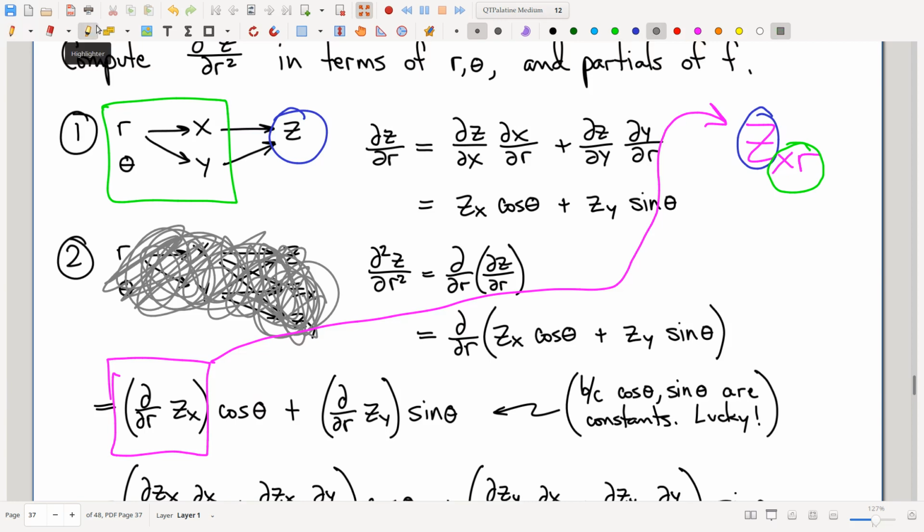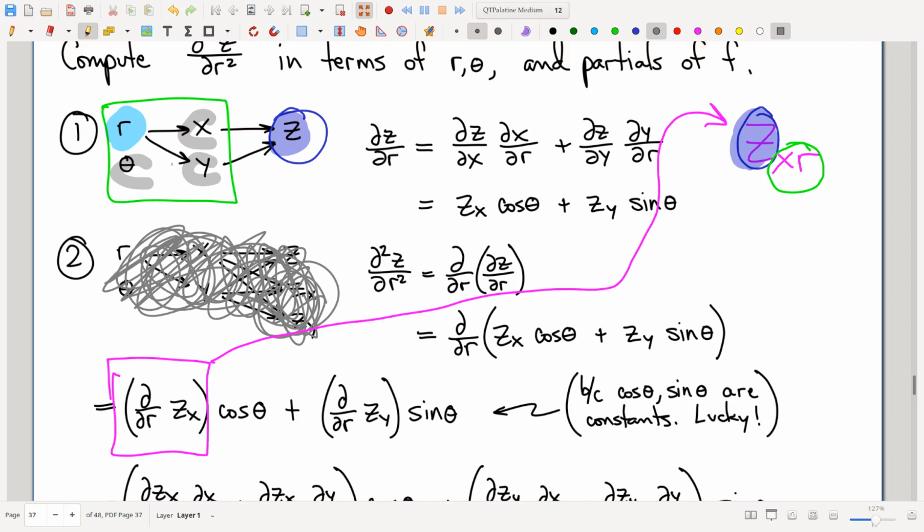You can see, in fact, if I were to try to do this, suppose I were to take the partial of z with respect to r here. Okay, so what did I decide? Z is dark blue. Let me start by taking the partial of z with respect to r. That would mean r is my variable, and that means that these are supposed to be constant, and I have a bunch of nonsense.